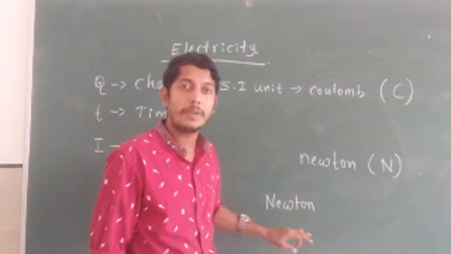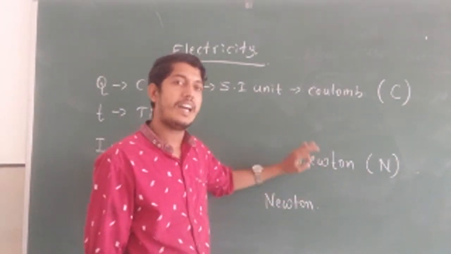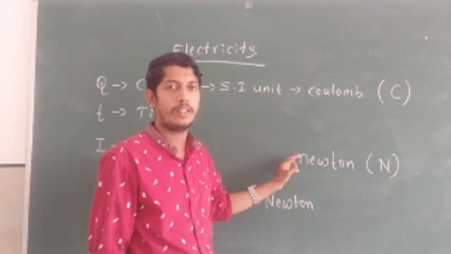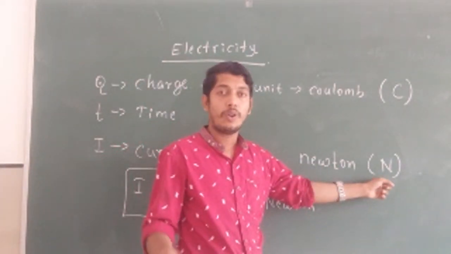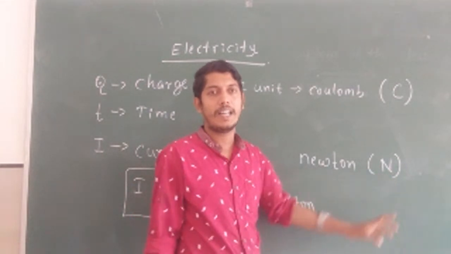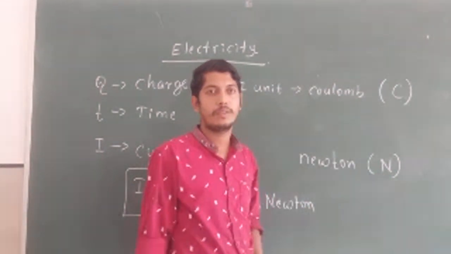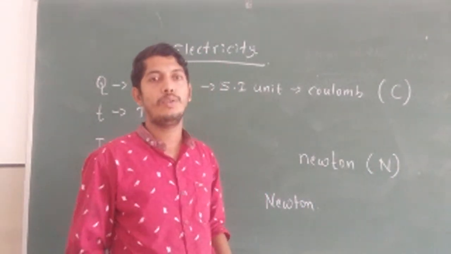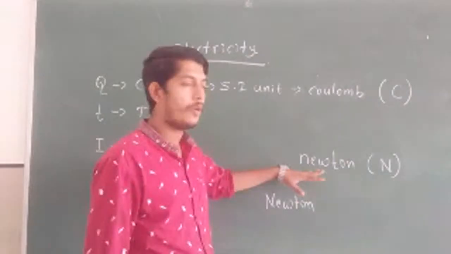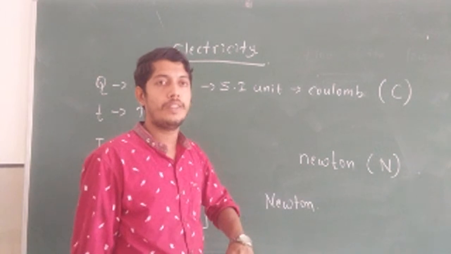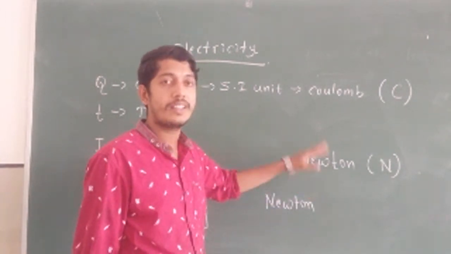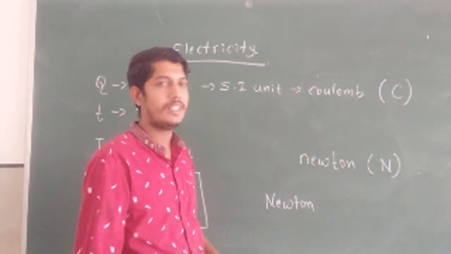But to represent the SI unit, in the long form we use a small first letter, and in the short form we use a capital letter. This is applicable only if the SI unit is the name of a scientist.